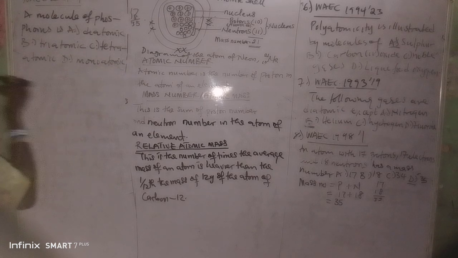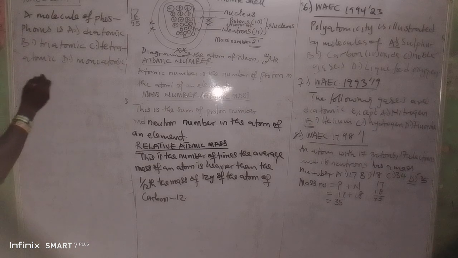What is your answer? Don't forget, phosphorus is P4, and P4 is tetratomic. Check your notes under the table of atomicity in the previous video. You have it there.